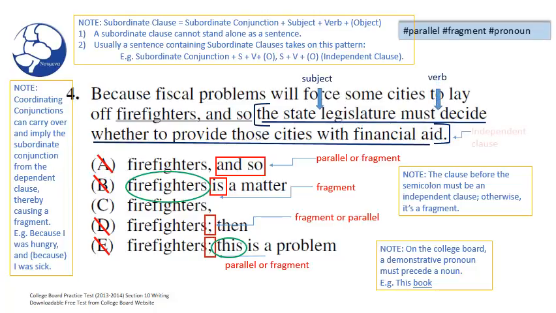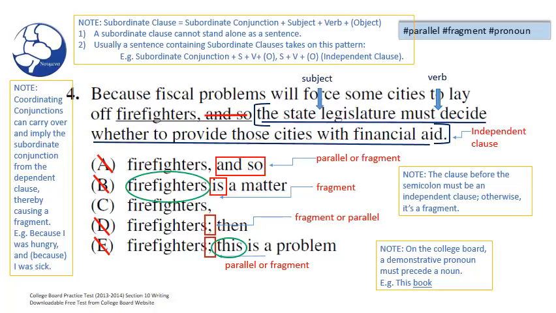And then we got rid of the "and so" in C. So with that out, the remaining part of the sentence is "the state legislature must decide whether to provide those cities with financial aid." In this case, we have a full independent clause, as noted in the brackets.